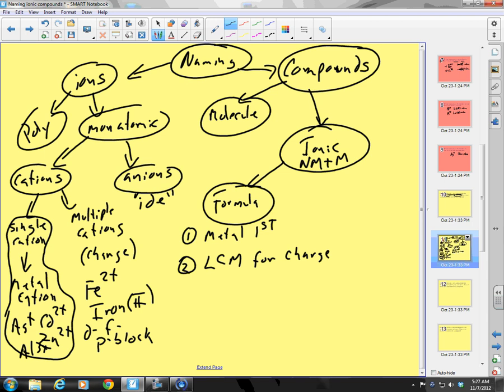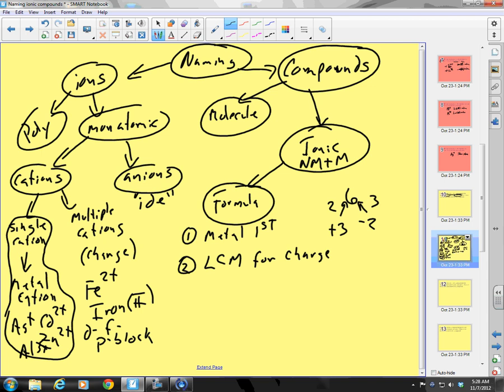Do you know what least common multiple is? What's the lowest number that both of these things can be multiplied into evenly? So if I have a +3 and a -2, what's the least common multiple? The least common multiple is 6, because 3 will go in there 2 times, and 2 will go into there 3 times. Good.